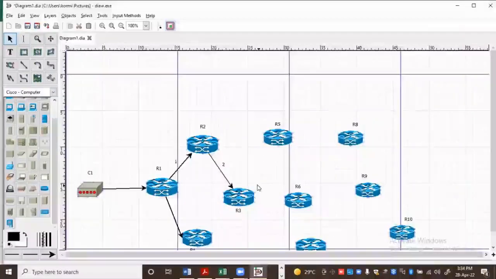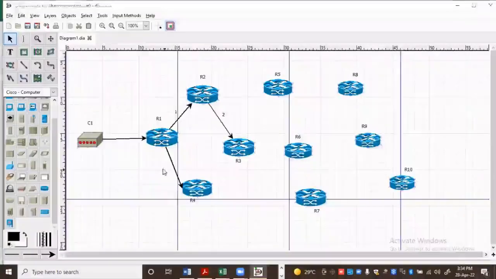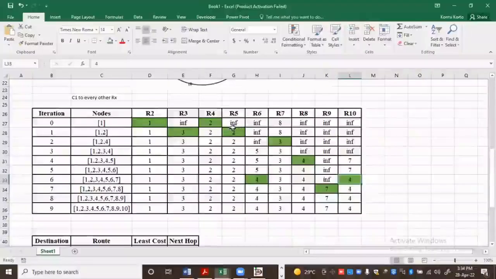Okay, what about 4? It was 2 and it had only 1, so it was just directly from here. It was 2, right? So it means this will be 2 right there. What about 5 now? 5 now, it was 2, and you had to go through 1, 2 to get to it.